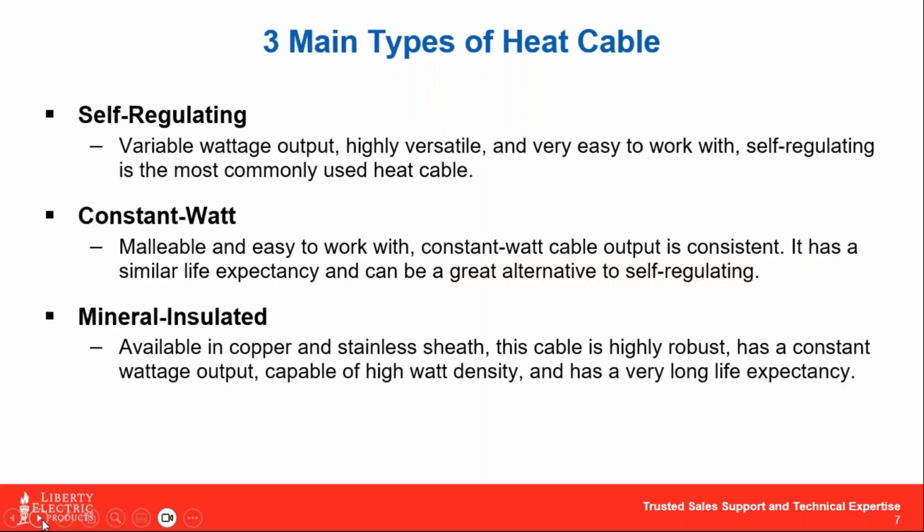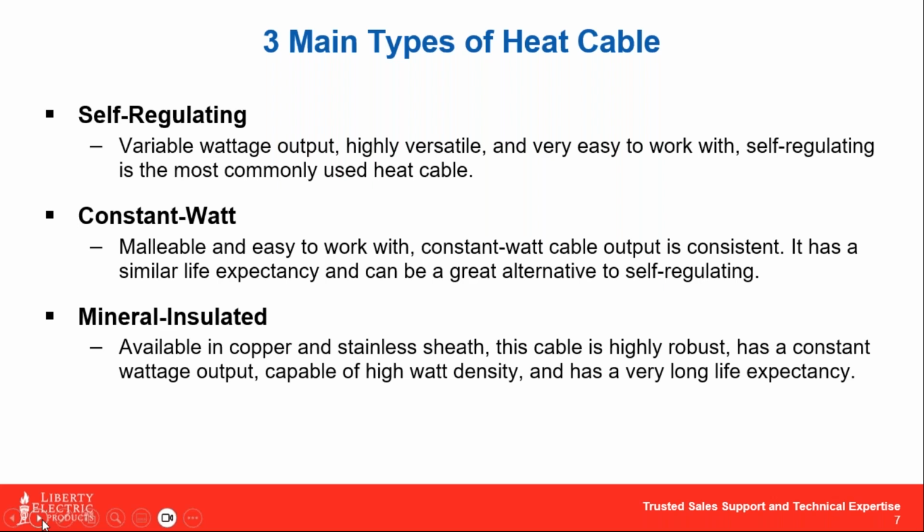All right, so 3 main types of heating cables: self-regulating heat cable, constant wattage, and then mineral-insulated cables. Self-regulating cables are really by far going to be your most popular. These cables have a variable wattage output. They're very versatile. They're easy to work with, and we're going to get into how they actually get their name of self-regulating in a moment. Constant wattage cables can be very easy to work with as well, easy to splice and terminate out in the field.